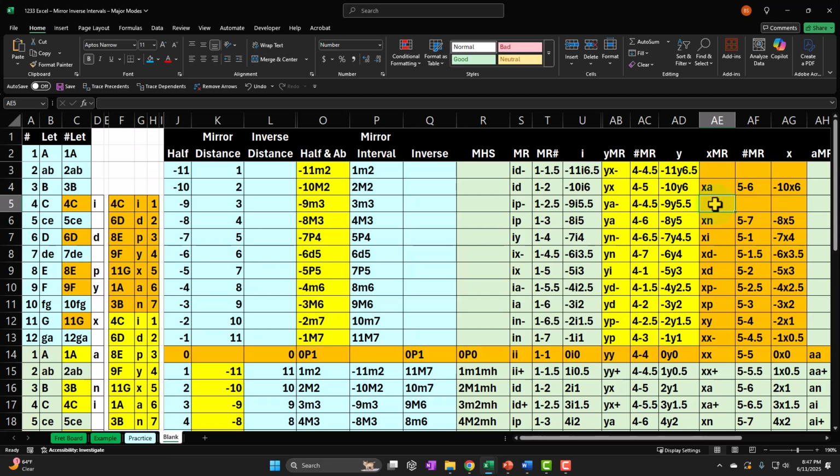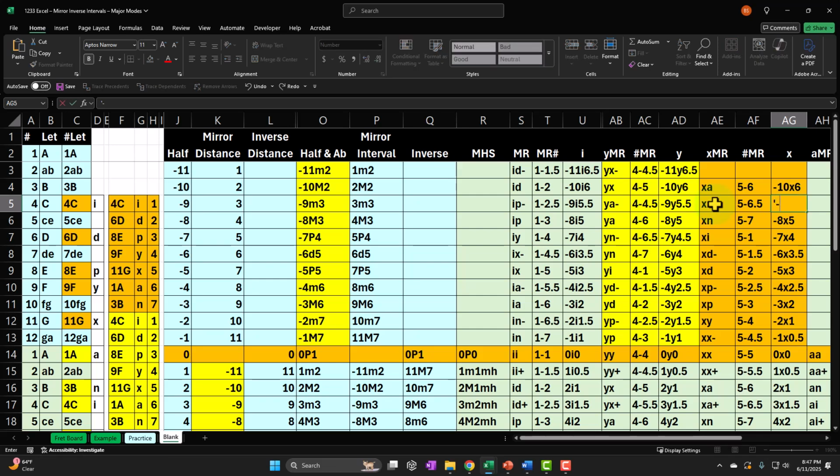All right, next one, we're going to say this is an XN negative. So we're going XN negative, which is going to be then the, what is this? This is going to be a 5 to 6.5, because it's 7 minus 0.5 or 6 plus 0.5, which is going to be a negative.